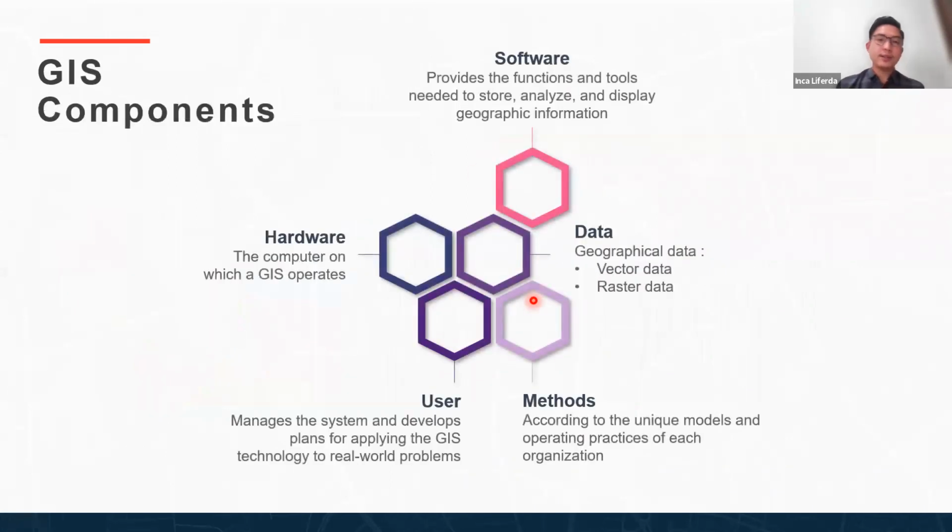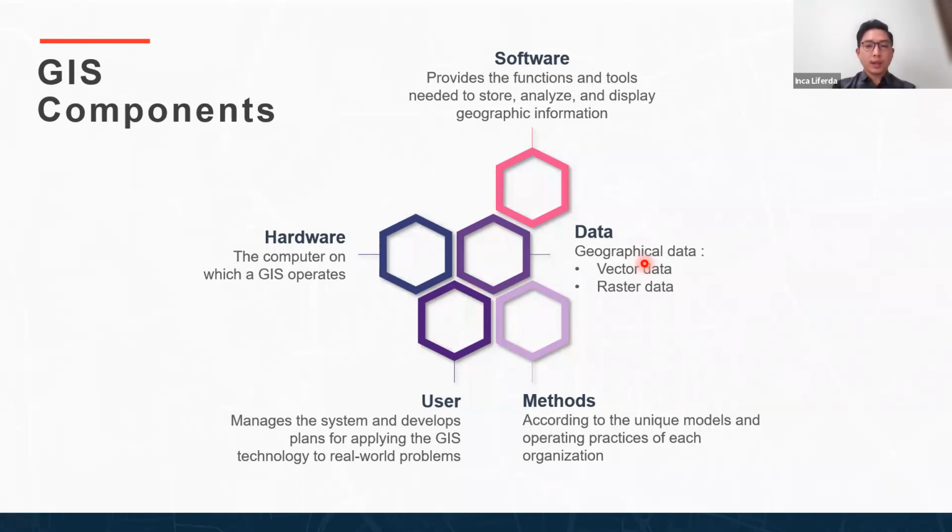And then the software, like I told before, there are a number of GIS softwares. Of course, the software will provide the functions and tools needed to store, analyze, and also display the geographic information. And then about the data, since we are using the geographic information system, we are going to use geographical data.